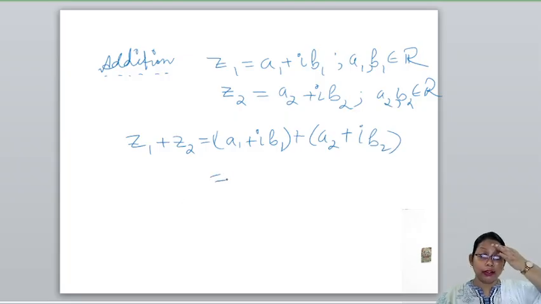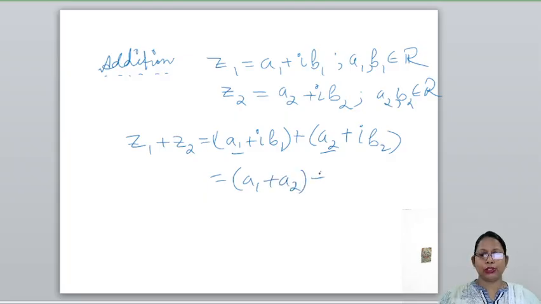Here we add the real part with the real part and the imaginary part with the imaginary part. This is the addition of two complex numbers.